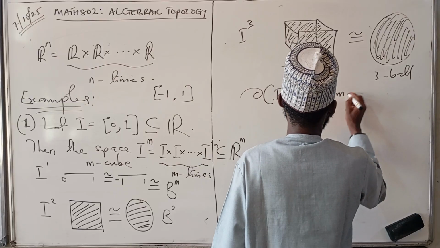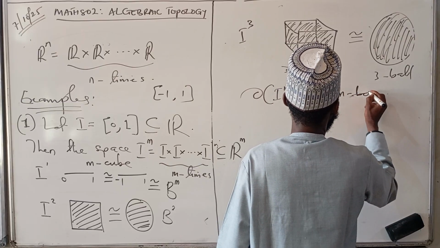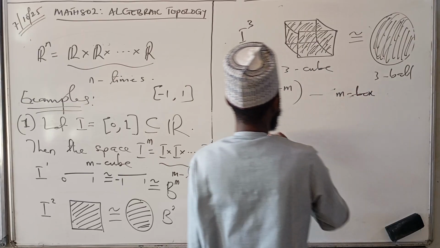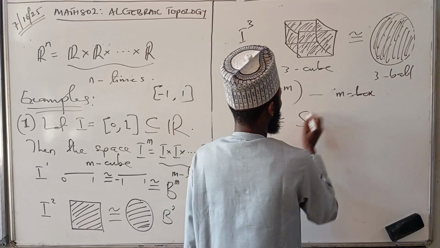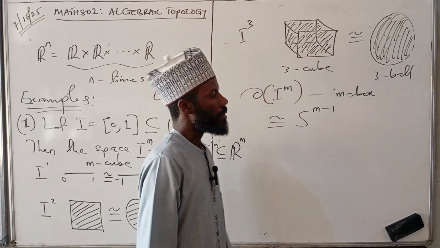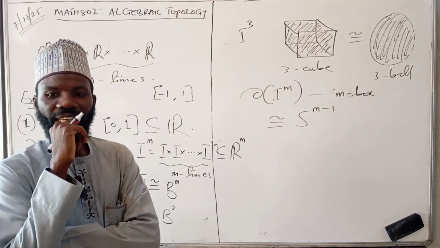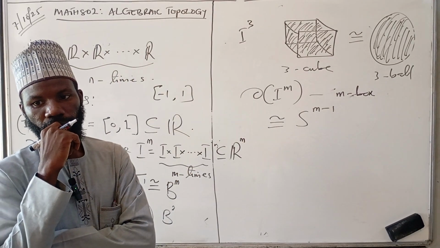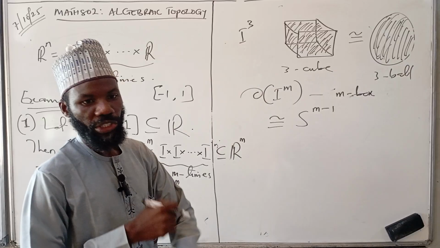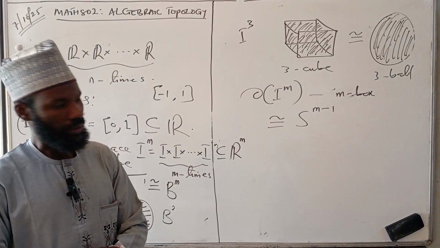This is an m box. But it is homeomorphic to S^(m-1). And an m box is actually of dimension m minus 1, because the sphere is of dimension m minus 1. I hope it's okay.